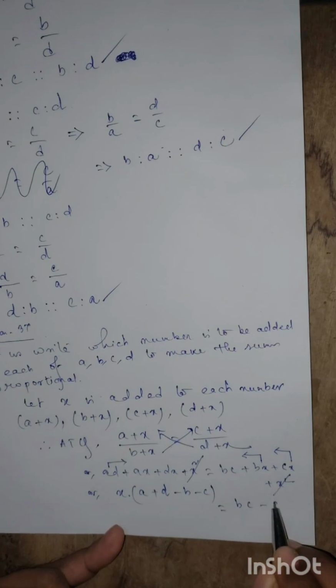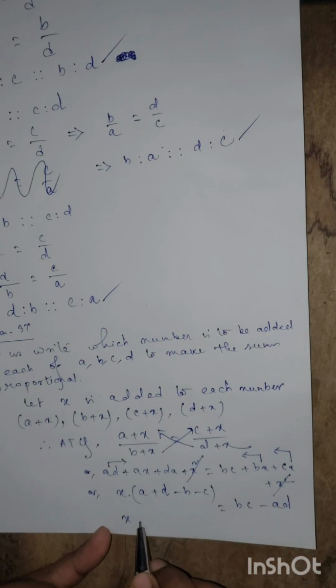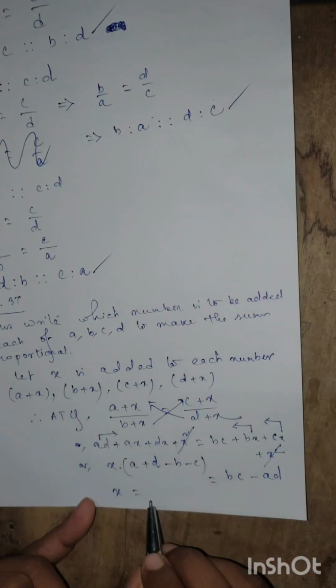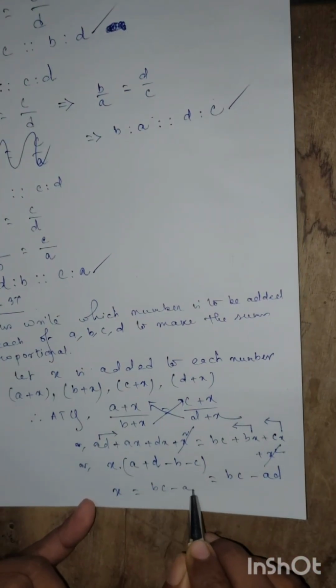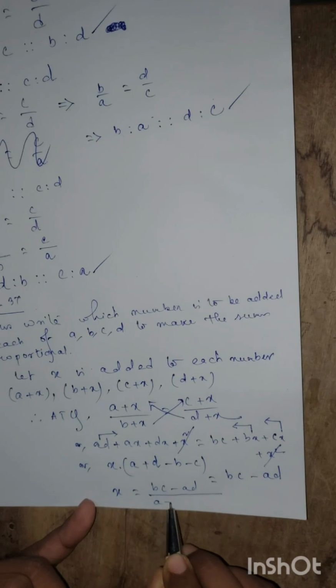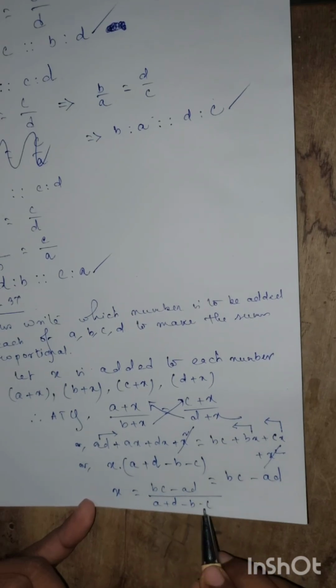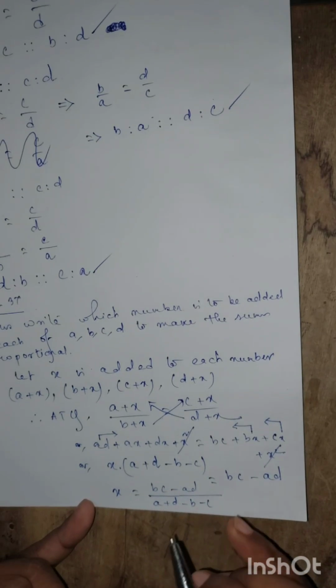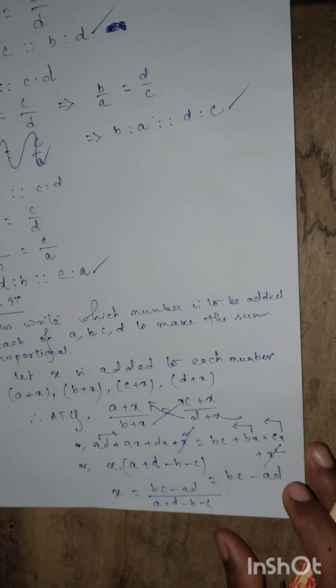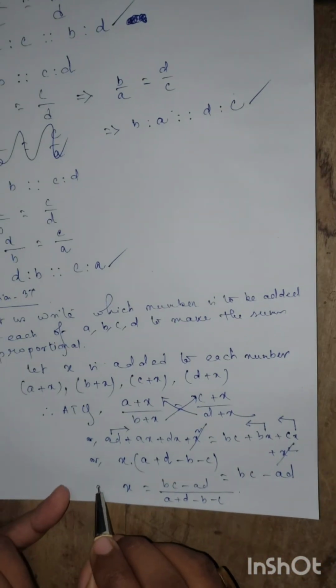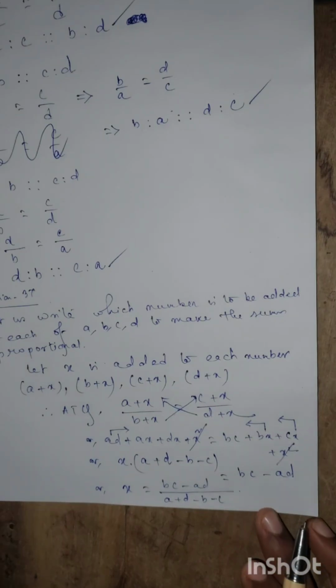So bc minus ad. Now the value of x is, if we transfer this term to the right side, so this is what we are getting. This is the value of x. This should be added to each of these terms to make the sums proportional.